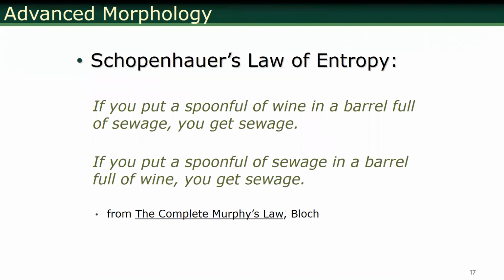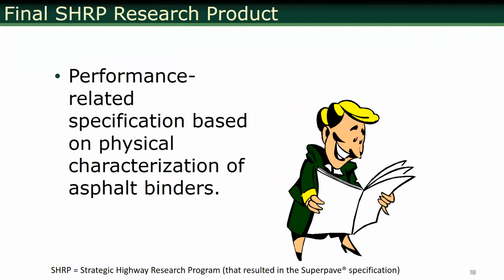If you put a spoon of sewage in a barrel of wine, you get sewage. Chemical concentration is not necessarily the key. What you get at the end is the important thing, the property of the material at the end. So that's what they decided. They said, okay, we don't care what you add into the material, but at the end, we want a performance-related specification based on physical characteristics of the binders.